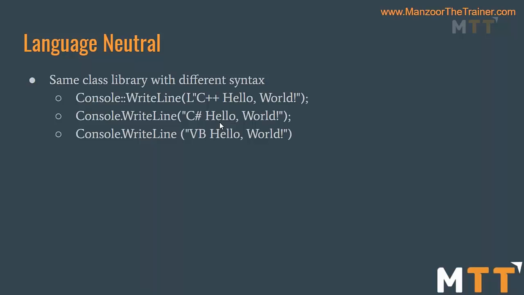It is console dot write line. So we are changing the programming language, but the class library remains the same. This means it is language neutral. Now I hope the things are much clearer, the meaning of language neutral. Very good.